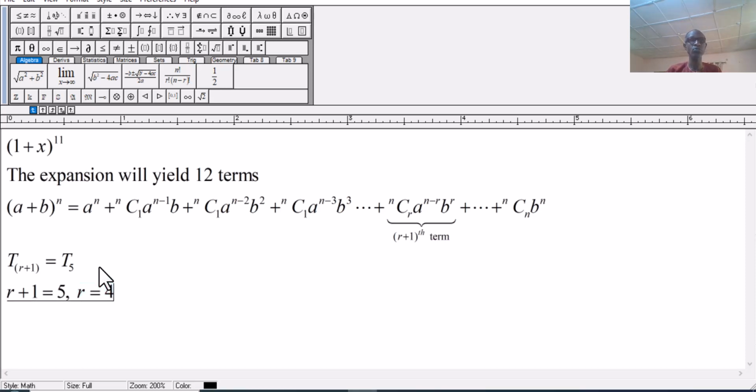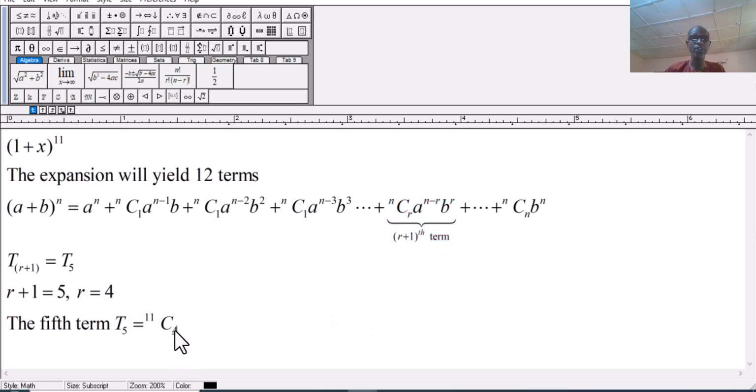So the fifth term, which is T5, will be equal to, take note, our n is 11. Your r is 4. We are using this pattern. This is the formula for every r plus 1 term.